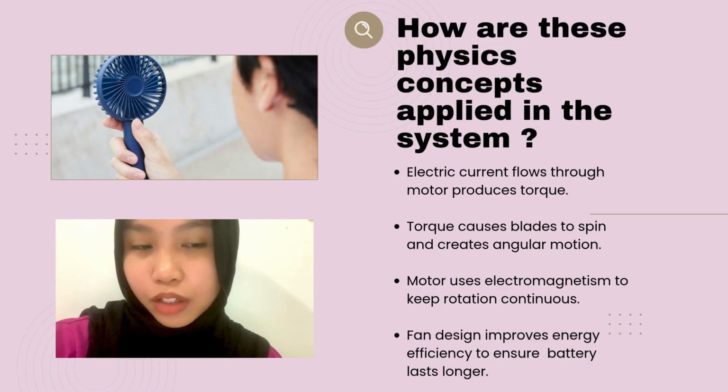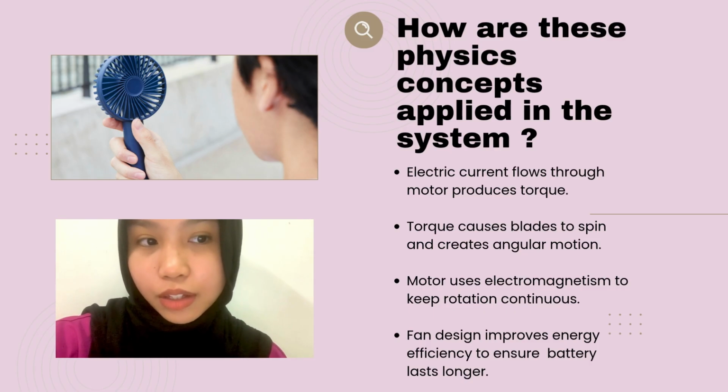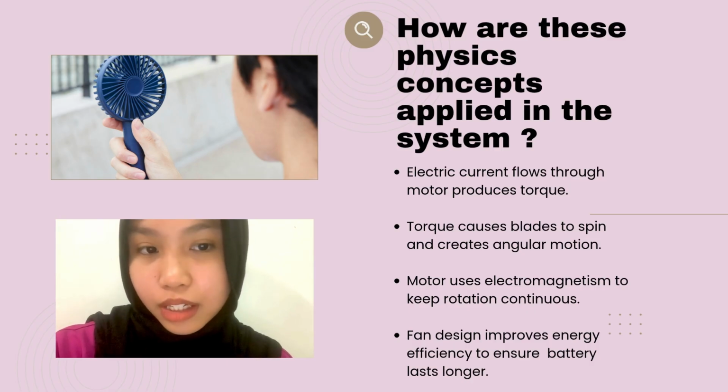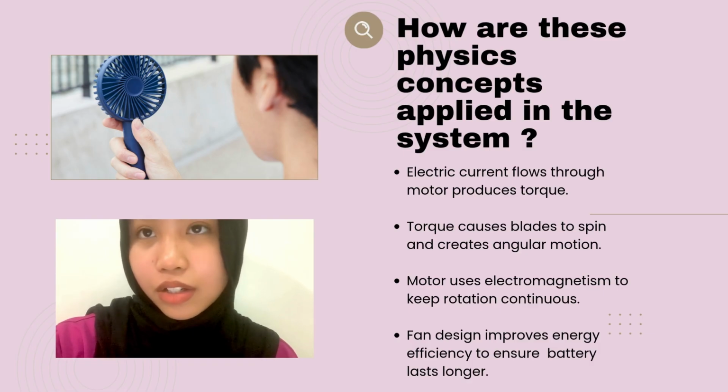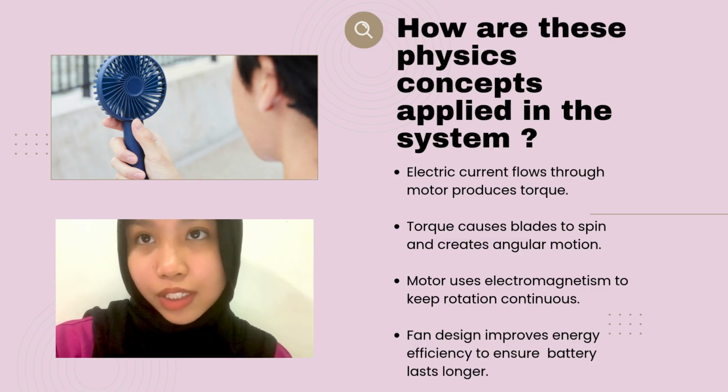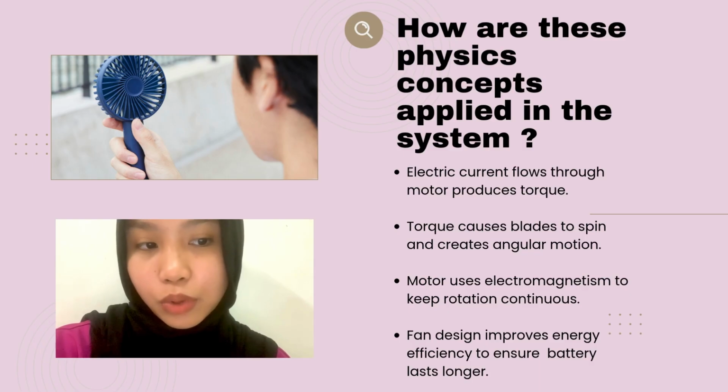For the component of application, the physics concepts are applied step by step within the system. First, electric current flows from the battery into the motor coil, producing a magnetic field. Then, the interaction between the magnetic field and the current generates torque, which causes the rotor to start spinning. This torque maintains the angular motion of the fan blades, allowing continuous rotation.